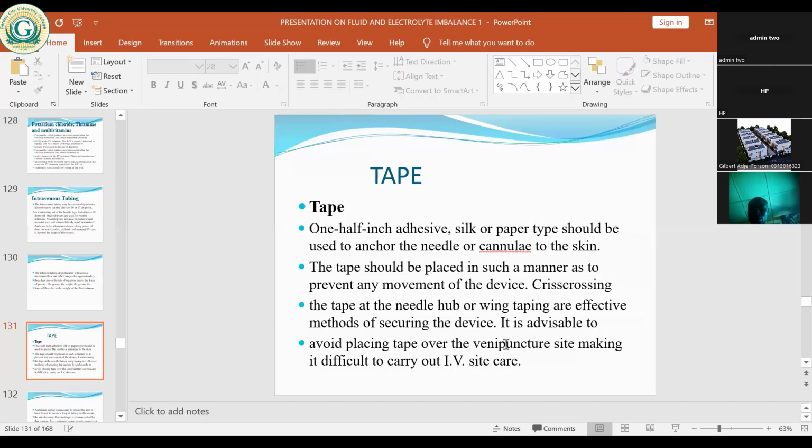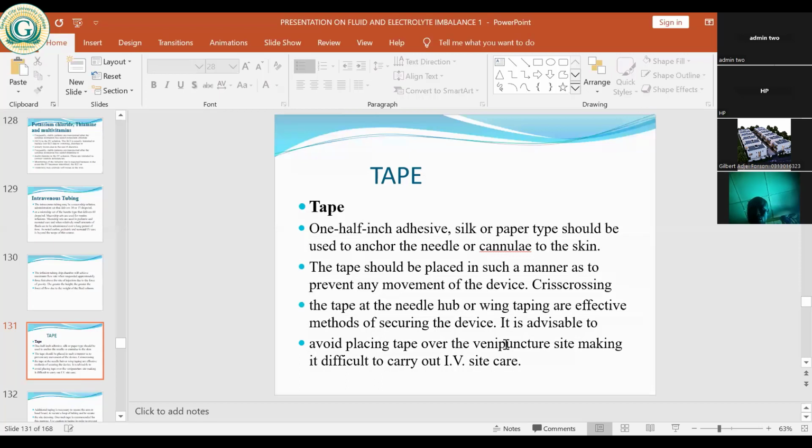Sometimes they will plaster it and then turn the plaster up, the adhesive side up, fix it under the cannula, and do the crisscrossing. No matter how you do it, provided it holds the cannula in position. There are so many ways of killing the cat.